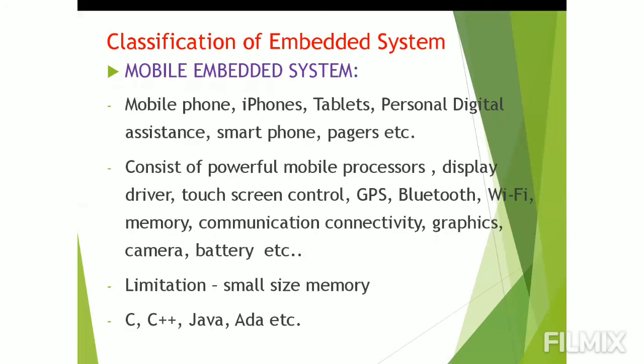Next embedded system is mobile embedded system. Mobile phones, iPhones, tablets, personal digital assistants, smartphones, pagers fall under this category. It consists of powerful mobile processor, display, driver, touchscreen control, GPS, Bluetooth, Wi-Fi, memory, communication connectivity, graphics, camera, and battery.